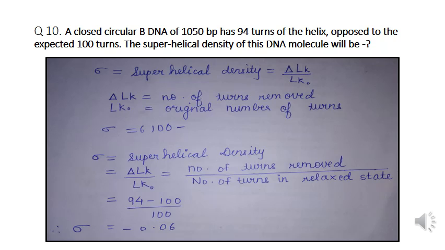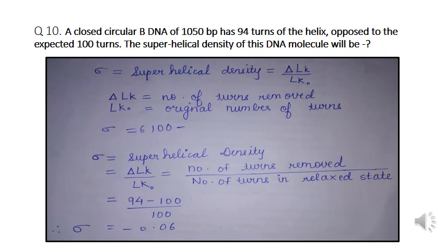A closed circular DNA of 1050 base pairs has 94 turns of helix, as opposed to the expected 100 turns. The superhelical density of this DNA molecule will be, so we have to calculate superhelical density. Before that, you have to know that linking number is equal to the twist plus writhe.